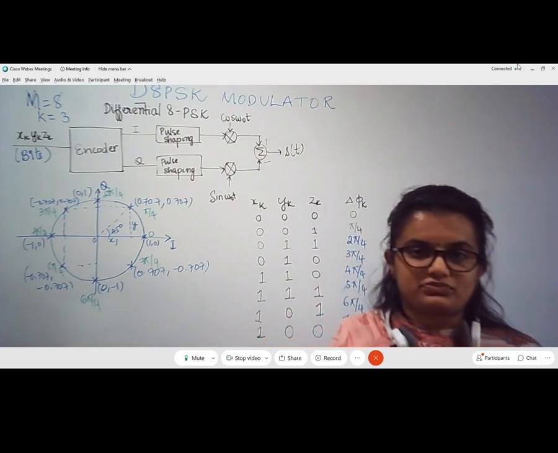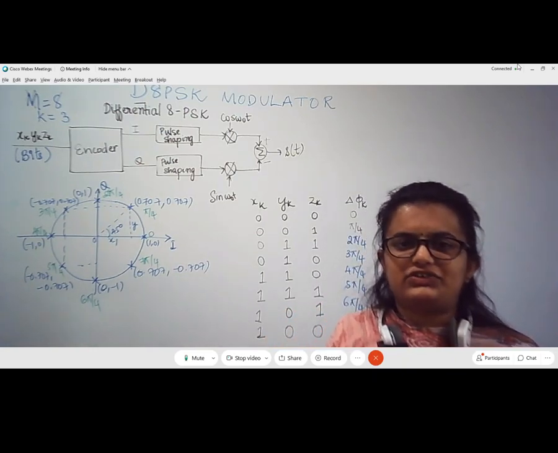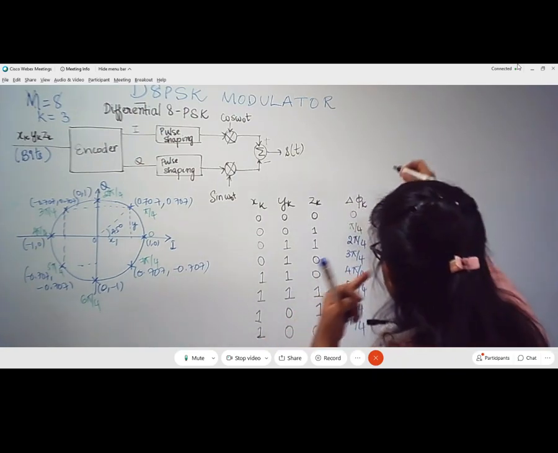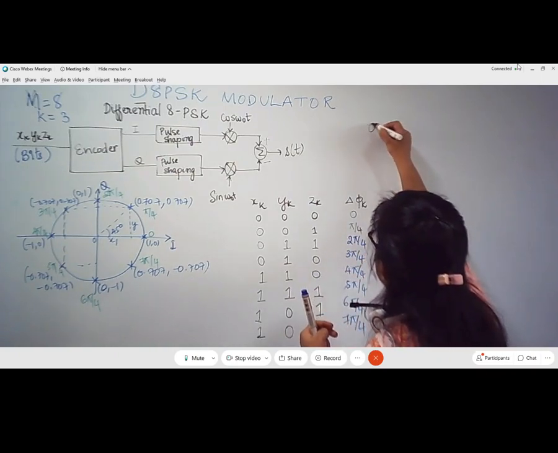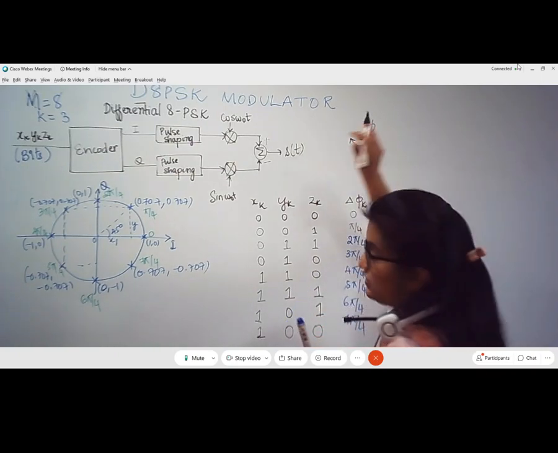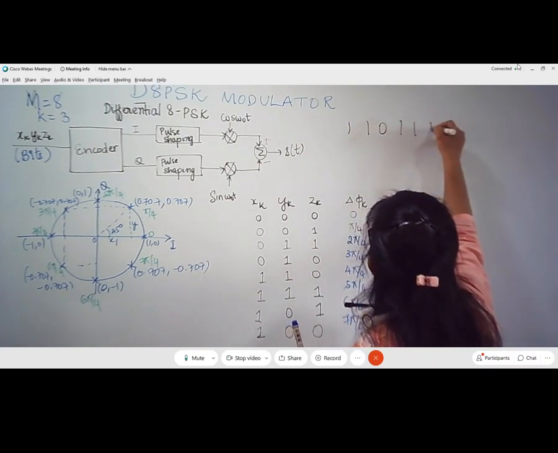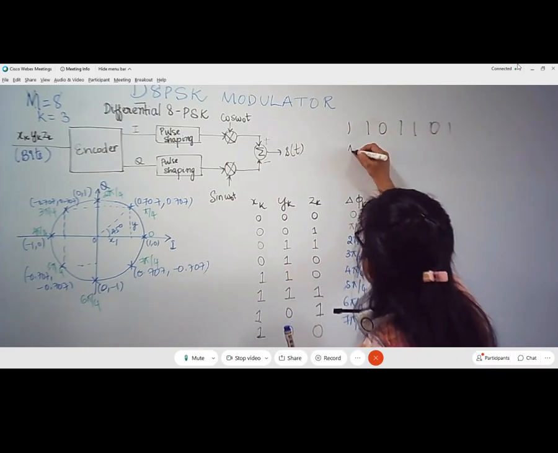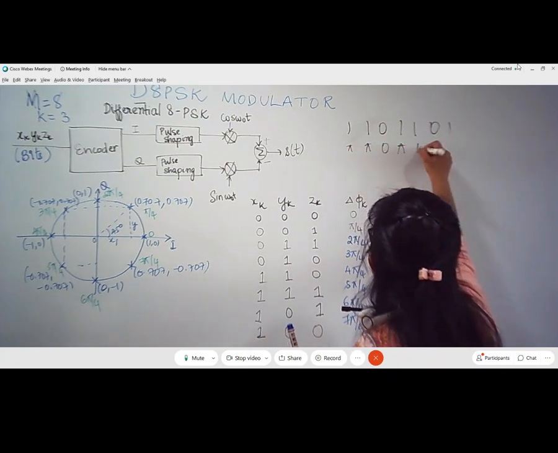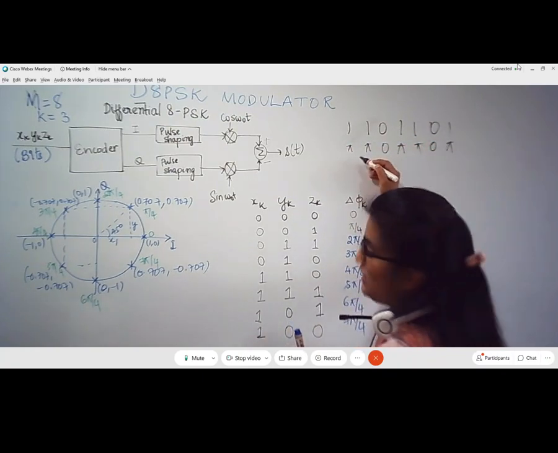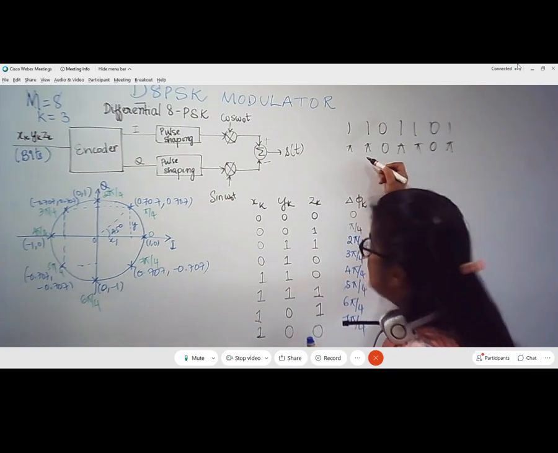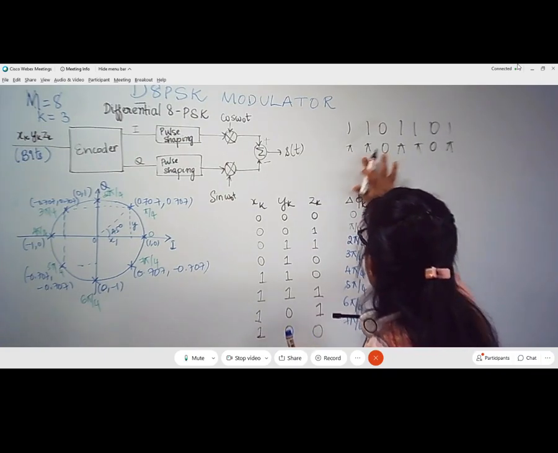Now we have only discussed till here, but we have not discussed how the differential part comes into the picture. If you remember differential phase shift keying, we were taking the phase of the previous bit when we encoded it. If the phases are the same, we used to assign it 1.